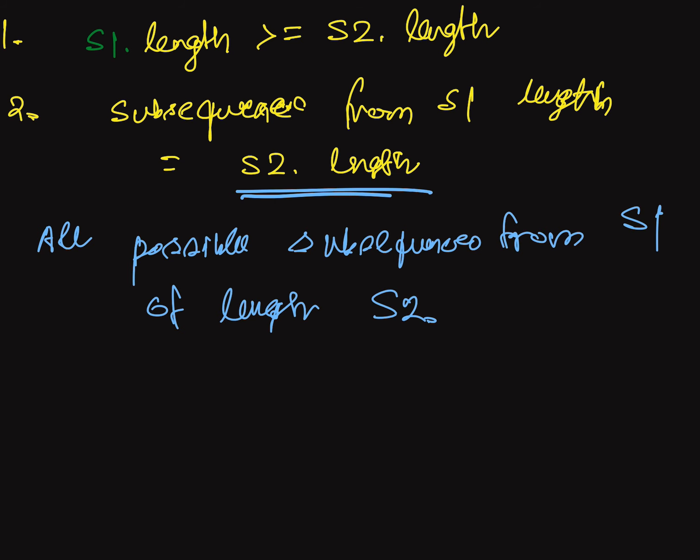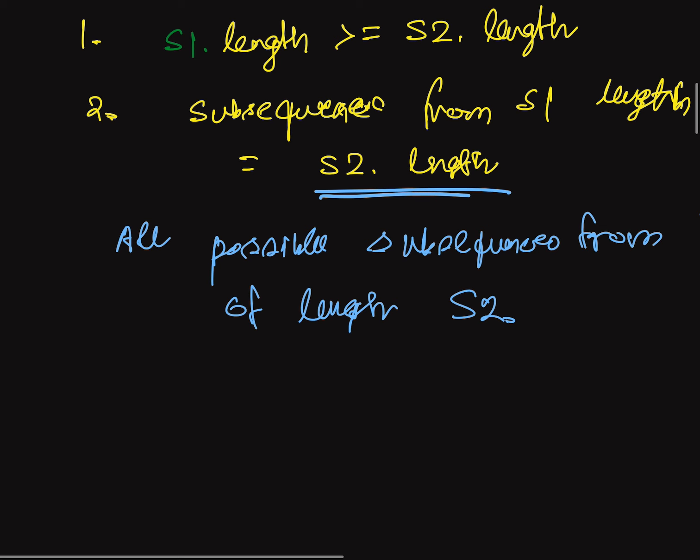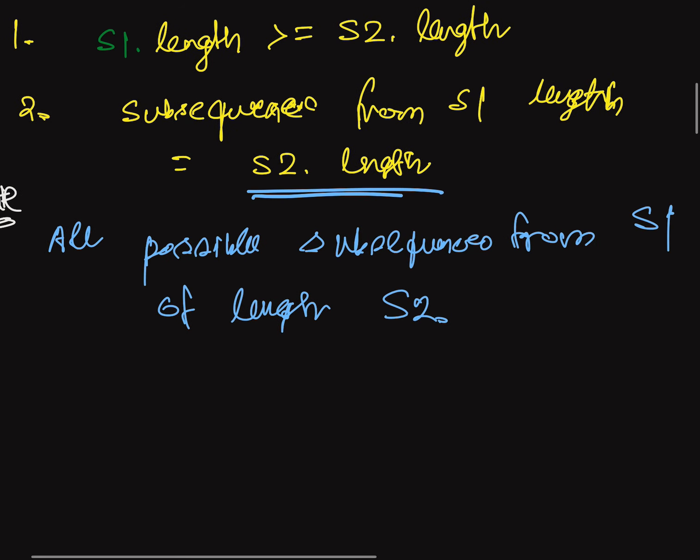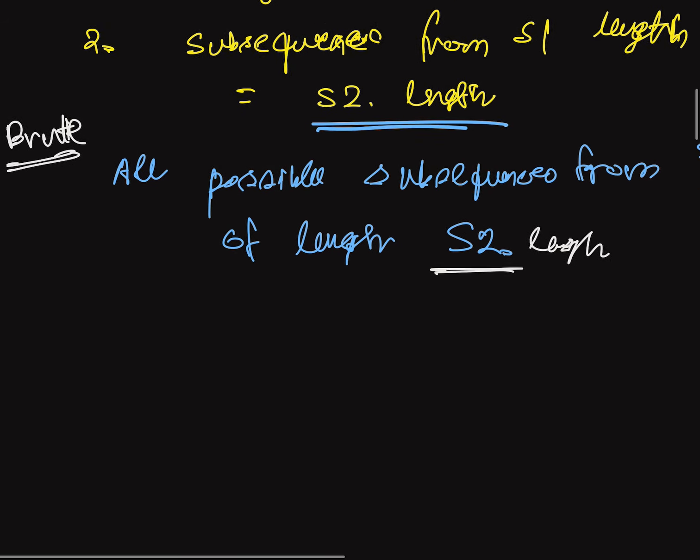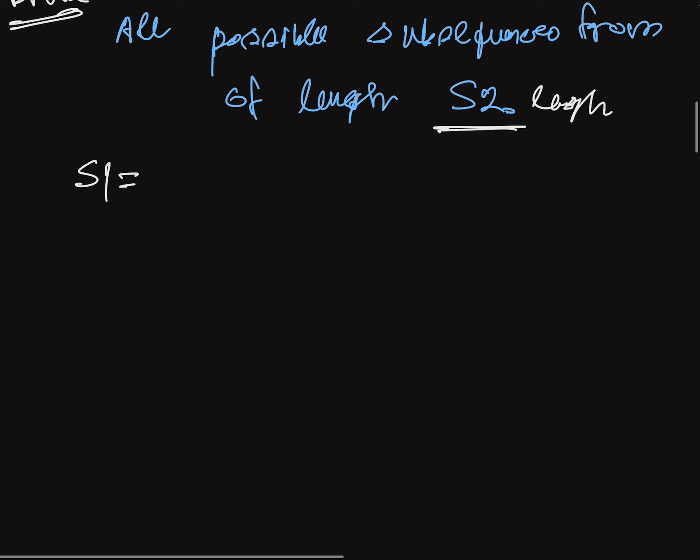So that's the brute force approach: first of all, generate all possible subsequences from string 1 of length s2.length. Suppose we have string 1 as ABCD, and string 2 is AB.